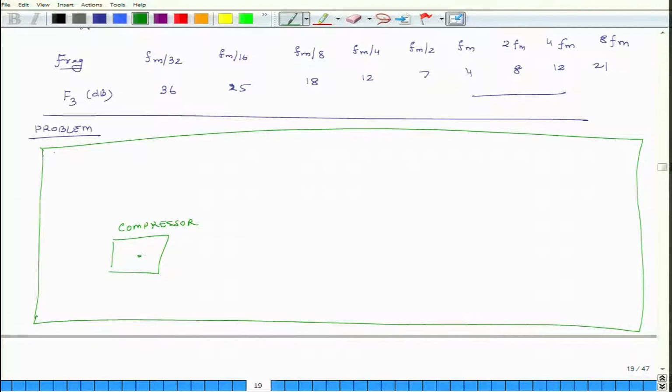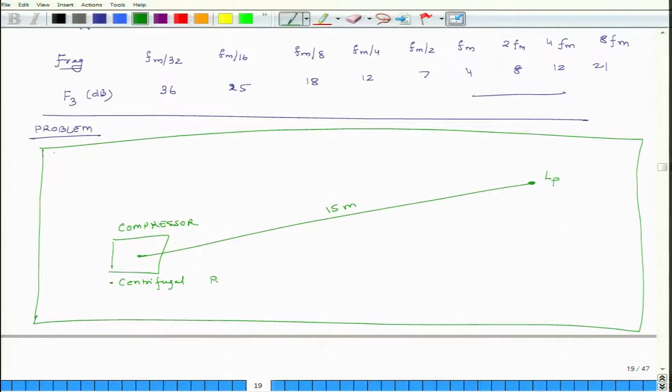I am interested in finding out LP at a distance away from the compressor, and let us say this distance is 15 meters. Let us find out some details about the compressor. What kind of compressor is this? This is a centrifugal compressor. This is the first information we have.